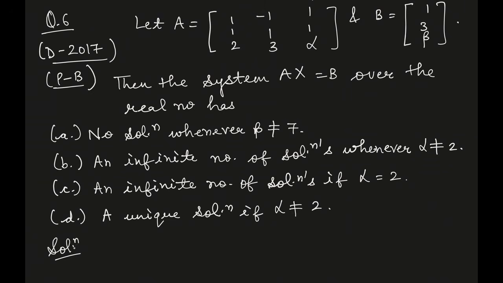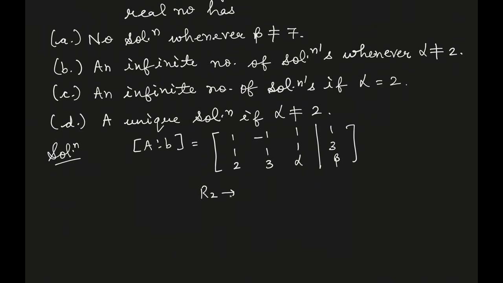D option. Yes. Unique solution if alpha is not equal to 2. So A augmented B is [1 1 2 1; -1 1 3 3; 1 1 alpha beta].